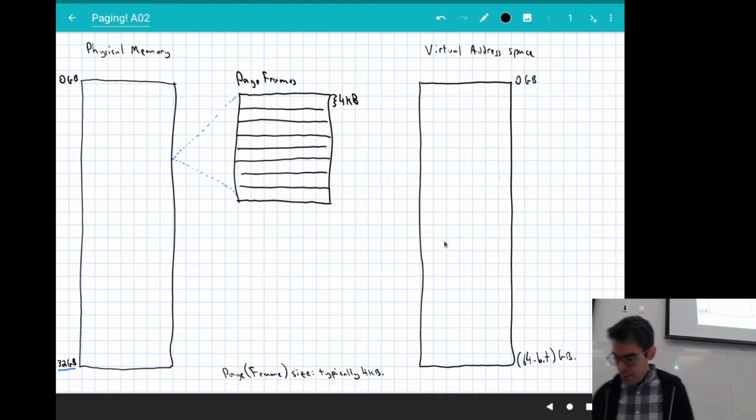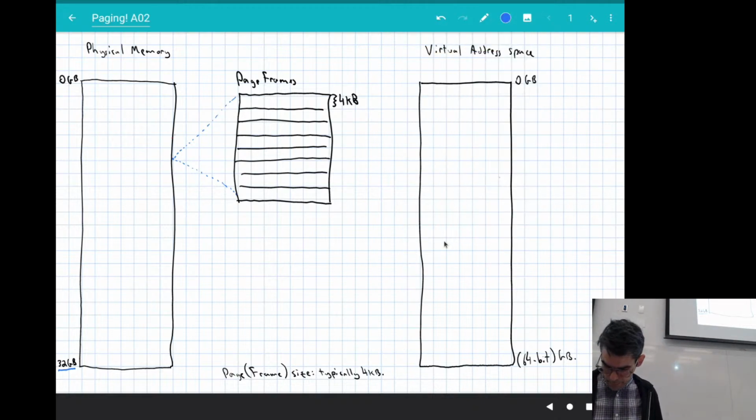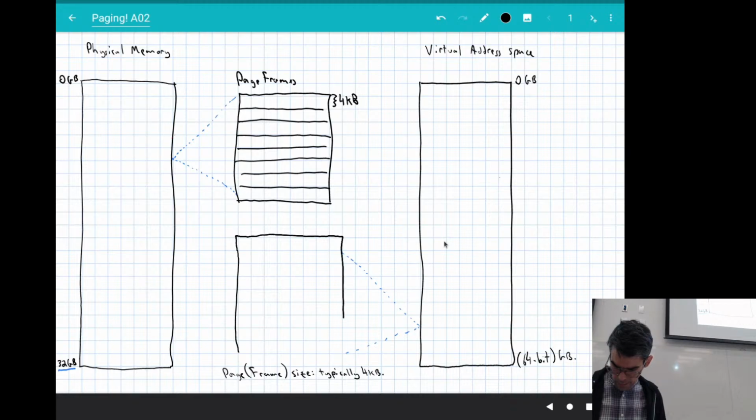I'm also going to be taking my virtual address space, and I'm going to be partitioning that. I'm going to pick a spot that's way down here close to the bottom, because what I want us to think about here is the stack itself in my virtual address space. So these are my virtual pages.